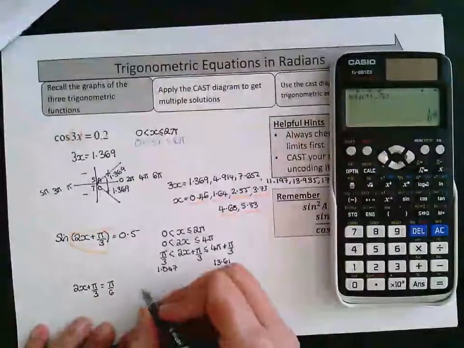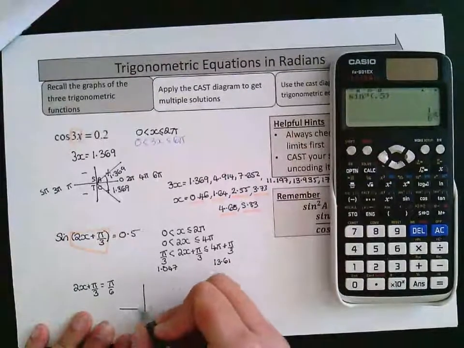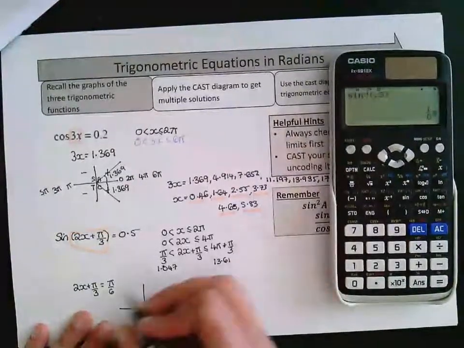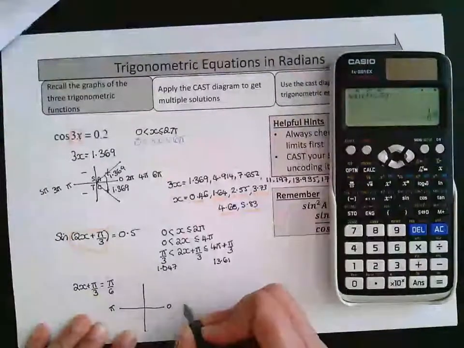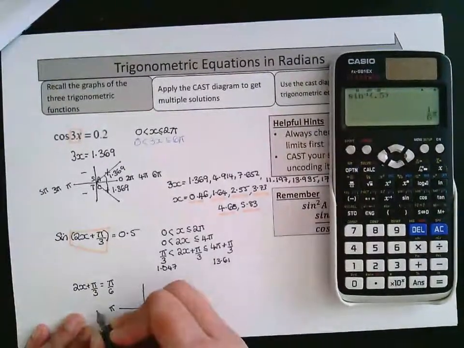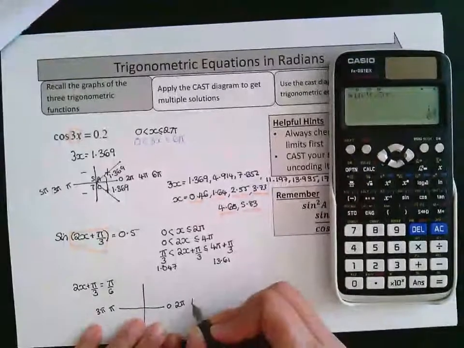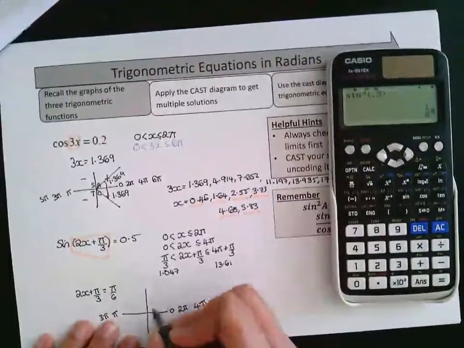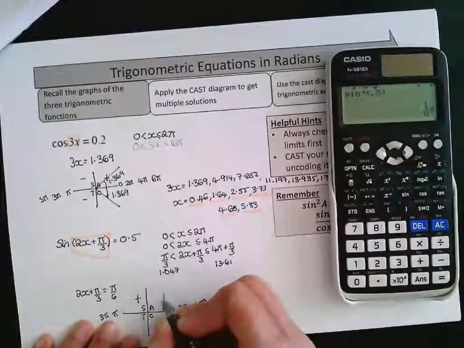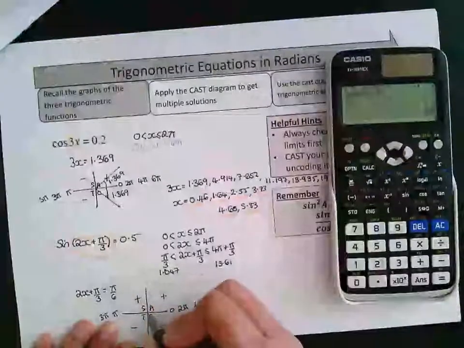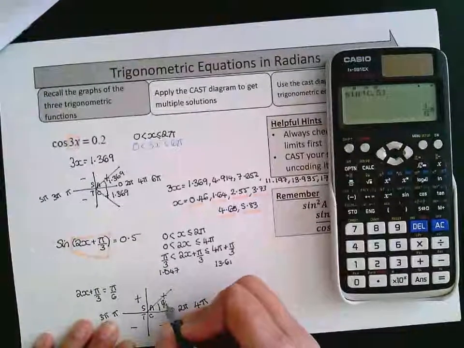This is what I need to cast. And I've got to go up to just over 4 pi. So 0, pi, 2 pi, 3 pi, 4 pi. And we are doing sine, so plus, plus, minus, minus, and we have a positive angle.